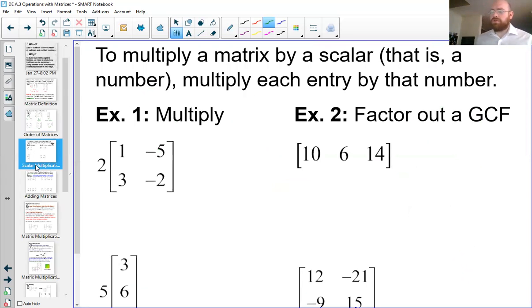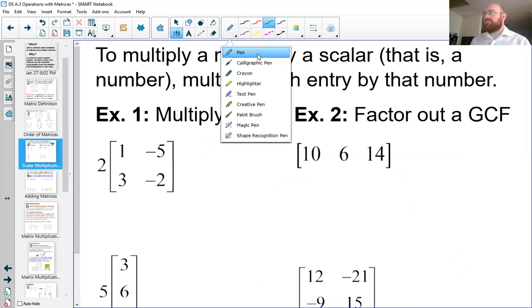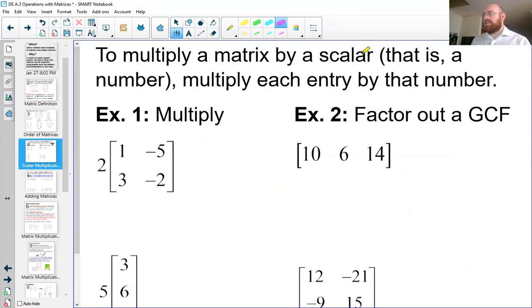So to continue, once we have our understanding of the order of a matrix, we need to move into scalar multiples. To first define a scalar, you maybe have heard this term in a physics course or a science course, but a scalar simply represents a number.